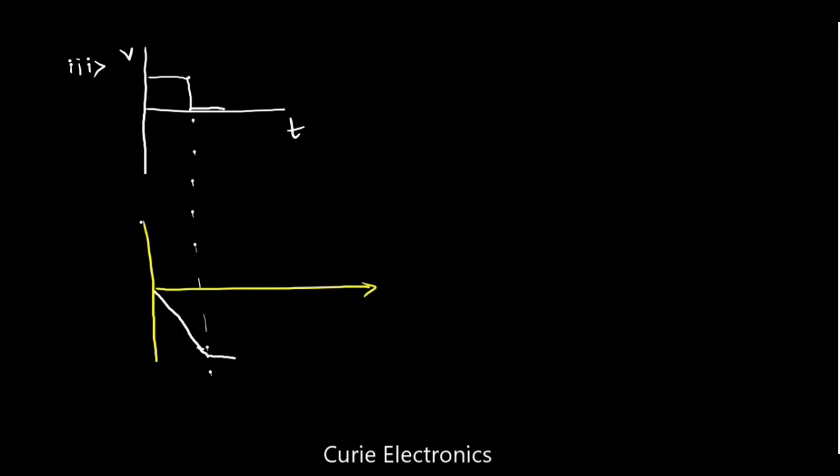Then it is 0, so it is going to be constant. This is what we are going to get. So when you give a unit step signal, we are going to get a ramp, and this is depending upon the RC value.